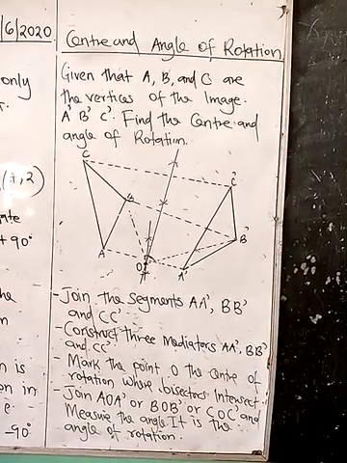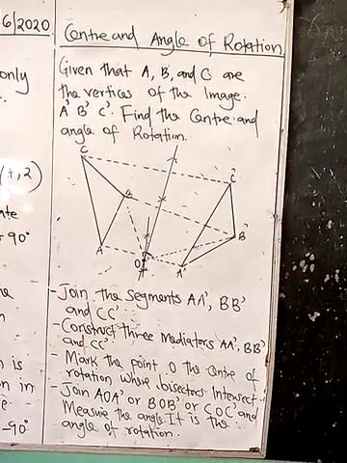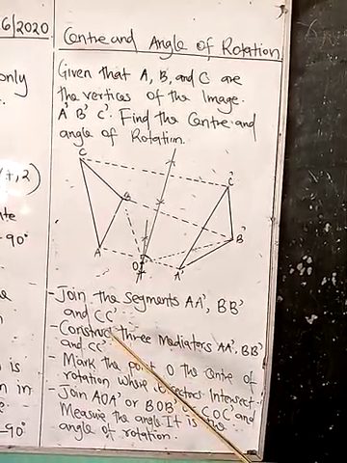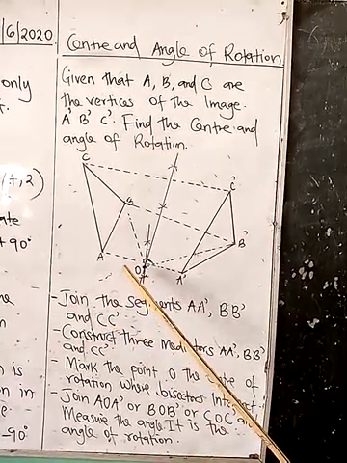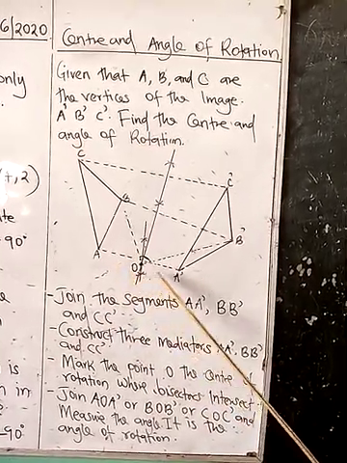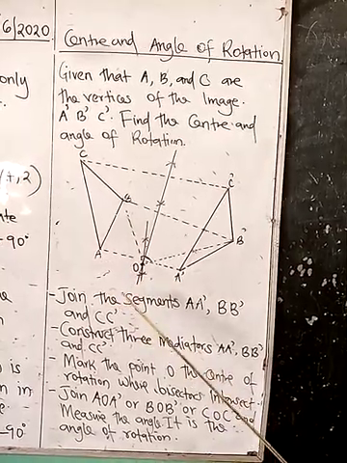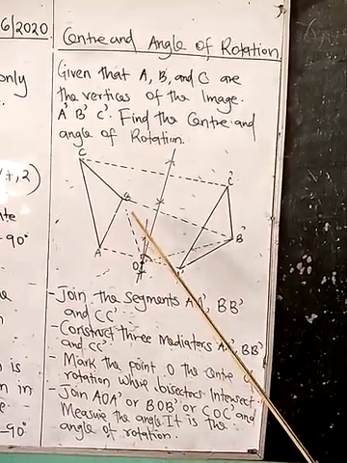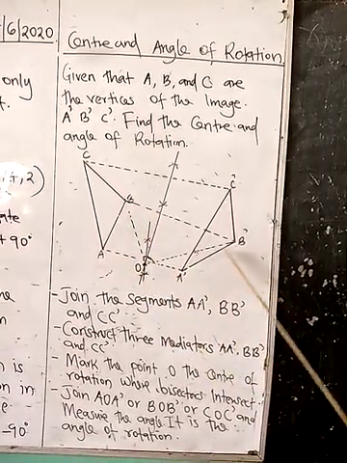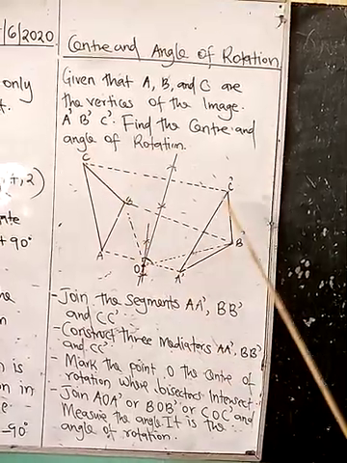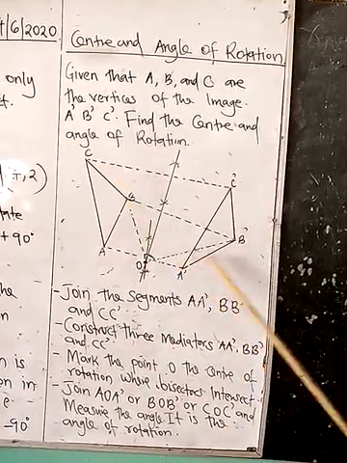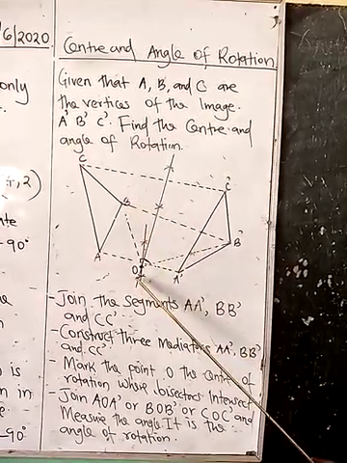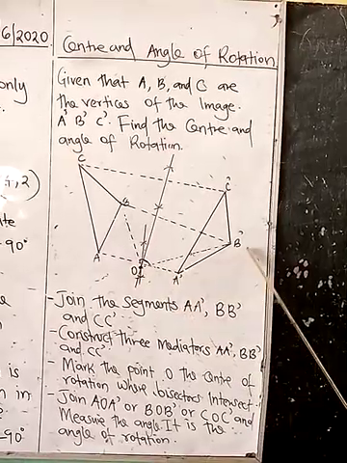Now we want to move ahead to find the angle of rotation. To find the angle of rotation, you join A to O, A prime to O, then B to O, B prime to O, C to O, C prime to O. When we join these, in this case I've used B, O, and O, B prime.